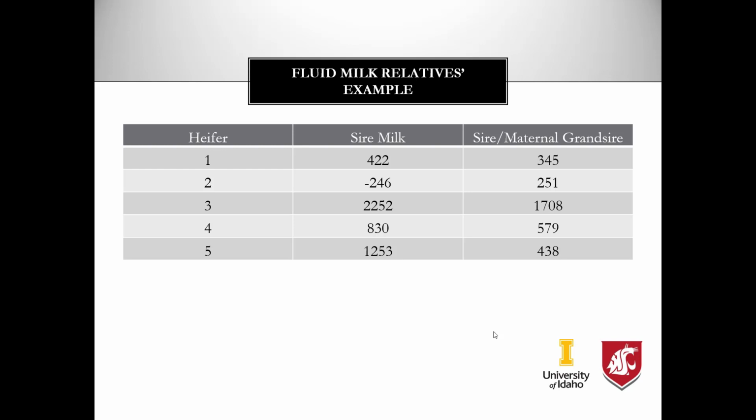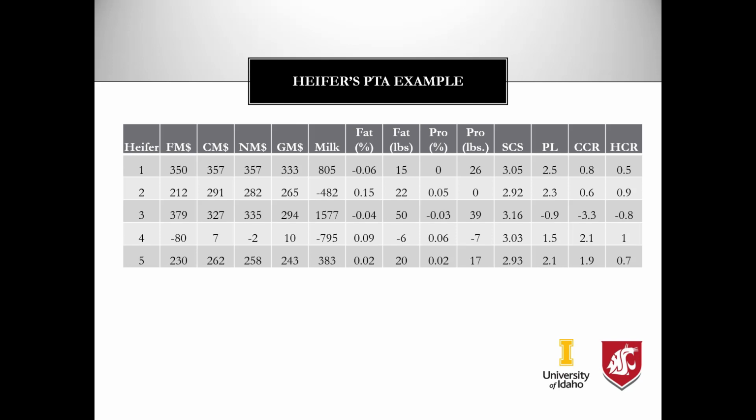So now we're going to move on and get the information from the heifers themselves, from the heifers' genotypes or genomic selection. Here's the individual heifer's PTA genomic selection example. So here's the 5 heifers, and remember, we're going to focus here on milk. Here was heifer number 1 at 805, heifer number 2 at minus 482, so she's expected to do poorer than average. Heifer number 3 is 1577.